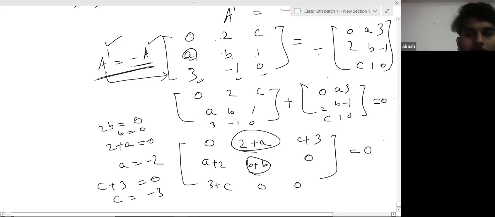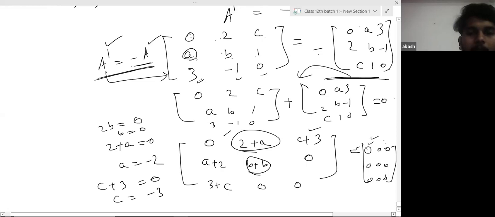So negative times A matrix. All right. Now I brought this matrix to this side of the equation, added them and compared them. This 0 means this is a null matrix. And remember, if two matrices are equal, that means all the elements must be equal, corresponding elements.